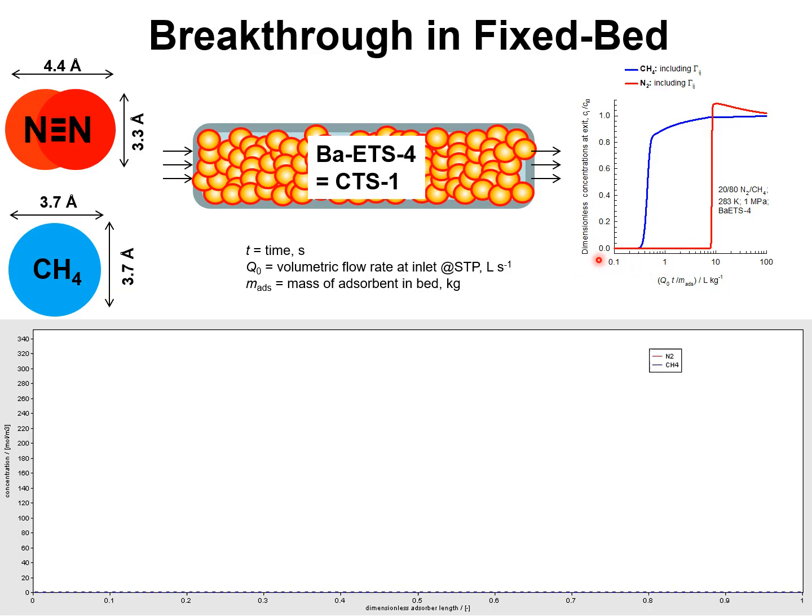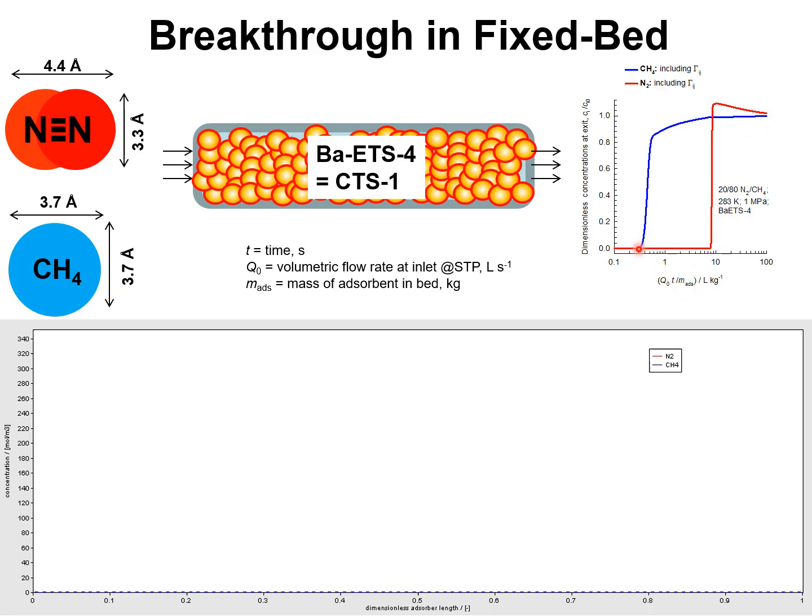The graph here shows the dimensionless concentrations at the exit plotted as a function of a parameter in which T is the time in seconds, say. Q sub naught is the volumetric flow rate at the inlet, say in units of liters per second, divided by the mass of the adsorbent that is packed into the bed. The blue line represents the dimensionless concentrations of methane, and the red line shows the dimensionless concentration of nitrogen.